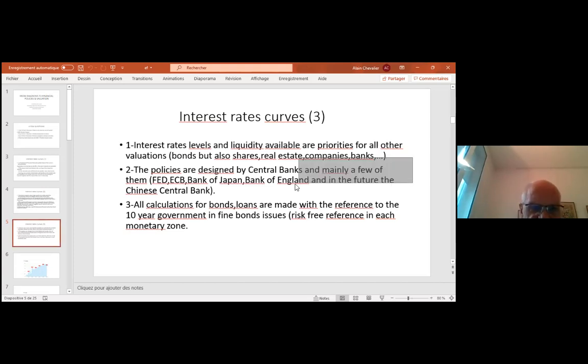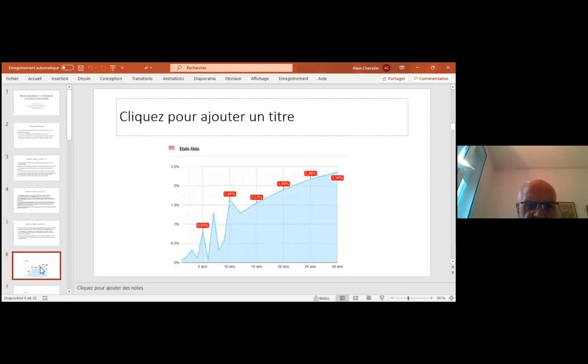So that's a feature. Now let's have a look at two different curves, just to have some examples. This is the US one. And you see what's happened to the US one. The US one is completely positive, whatever the maturity is. It's still very low on very short-term issues on the monetary market. And it's increasing, not regularly.